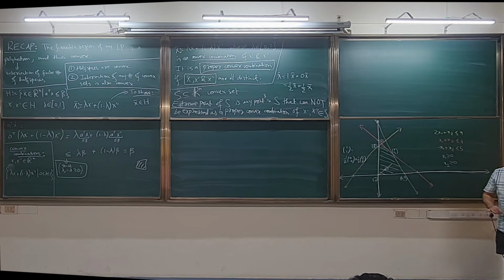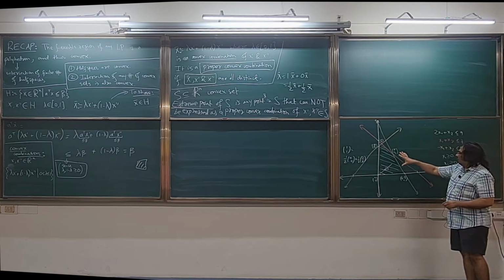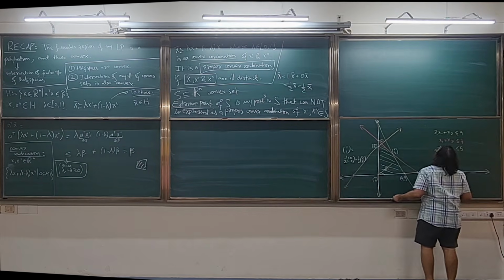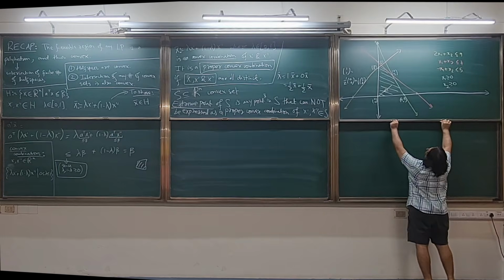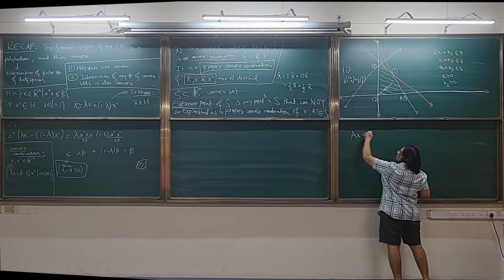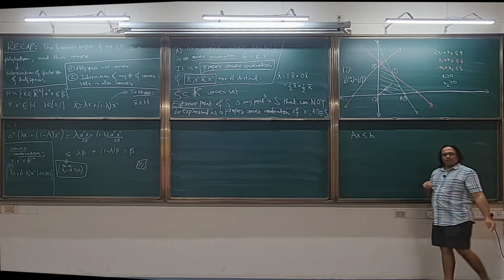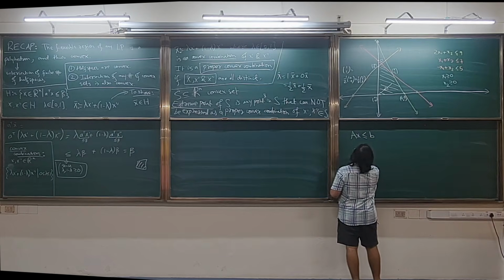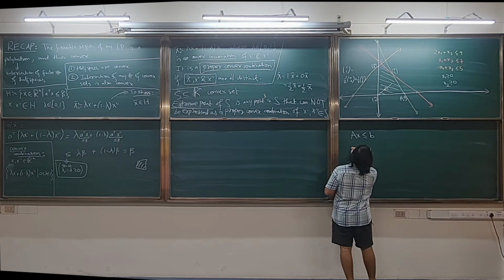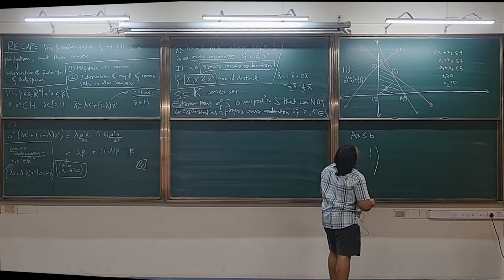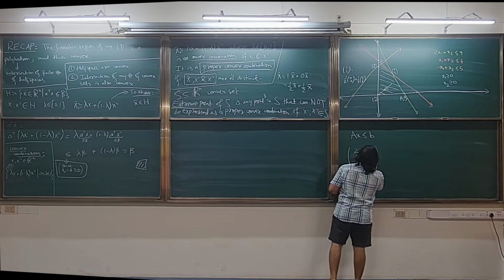Let's do that. So I'm going to write down our feasible region in the format Ax less than or equal to b. So let's see what it is. 2, 1; 1, 1; minus 1, 1.